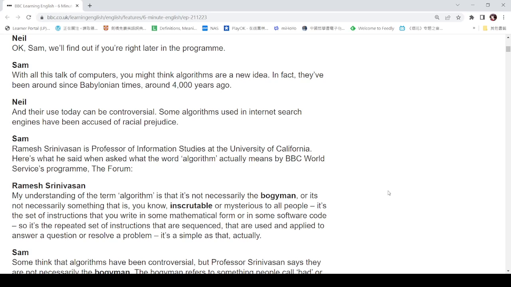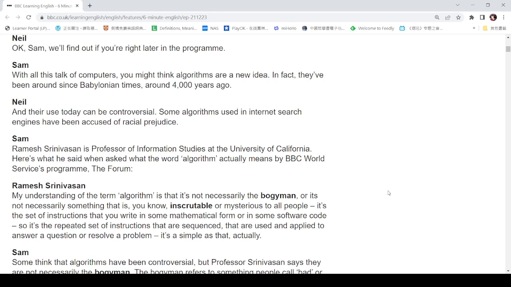My understanding of the term algorithm is that it is not necessarily the boogeyman, or it's not necessarily something that is, you know, inscrutable or mysterious to all people.